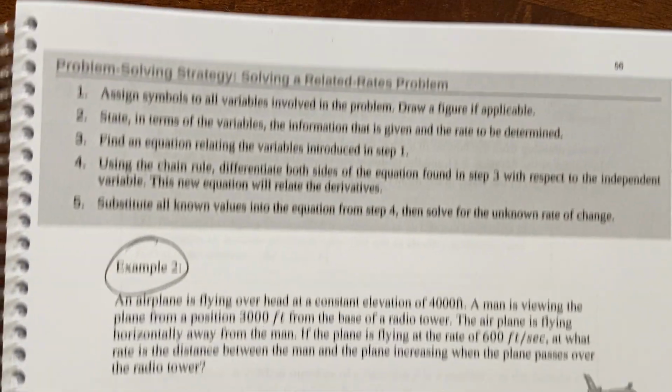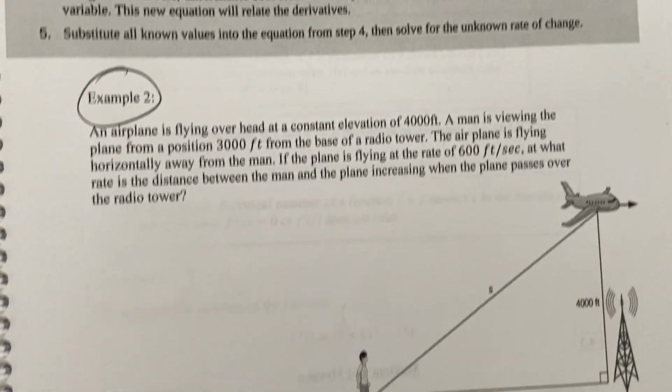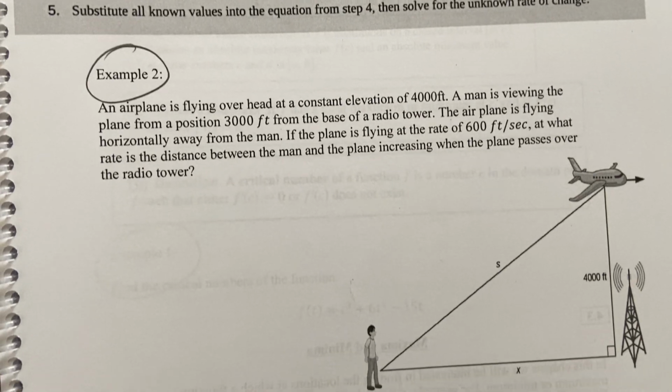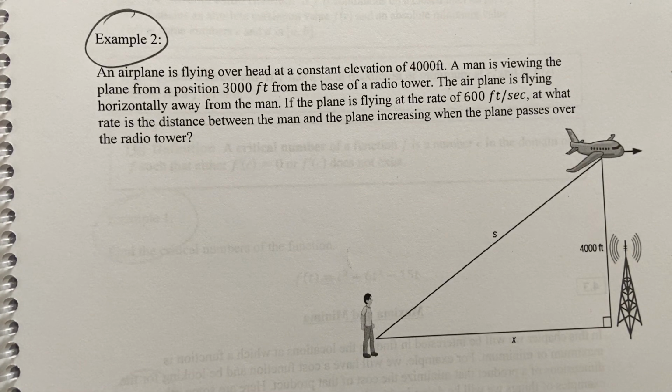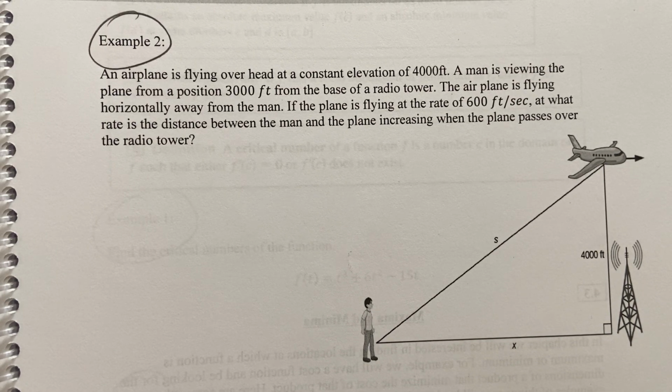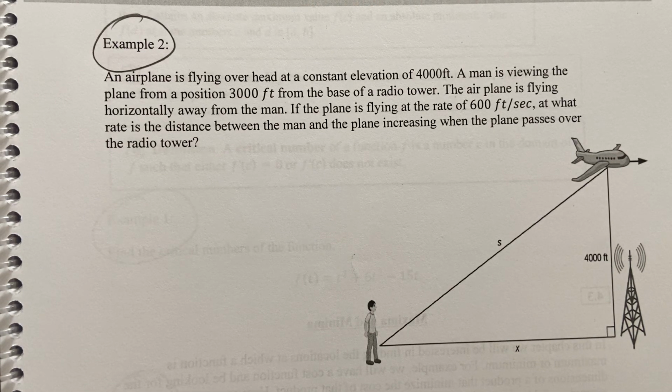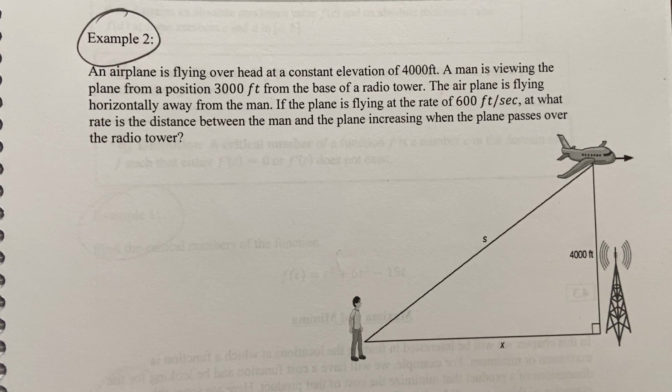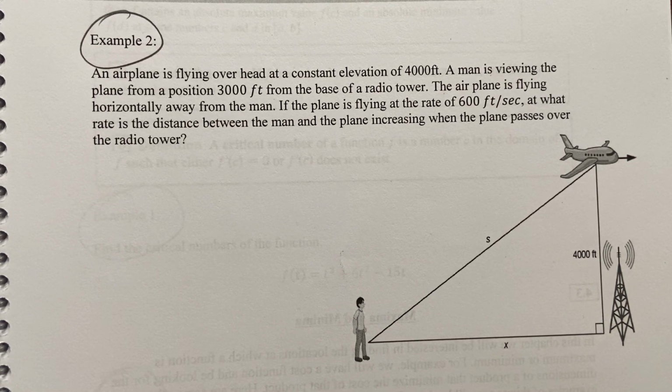There's a picture over here. So it says, a man is viewing the plane from a position of 3,000 feet from the base of a radio tower. The airplane is flying horizontally away from the man. If the plane is flying at the rate of 600 feet per second, at what rate is the distance between the man and the plane increasing when the plane passes over the radio tower?